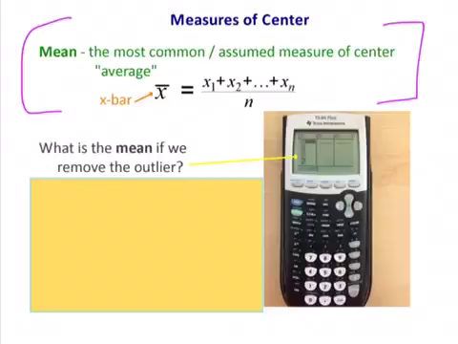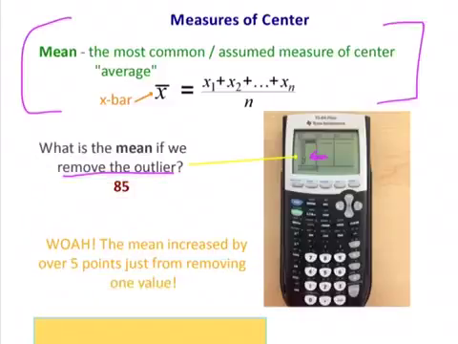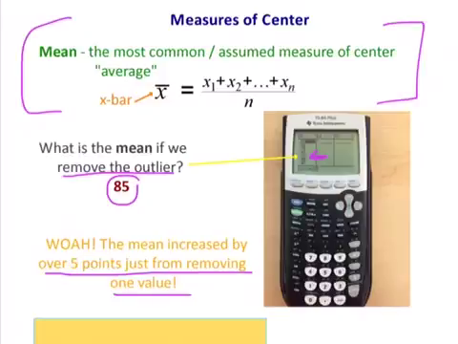But if we wanted to remove the outlier, there was that 34 in there, and if I wanted to take that value away and say, what would be the mean if I removed the outlier? So I deleted the 34 from one var stats, when I recalculated it, the average is 85. So just by removing one value, my mean increased by over 5 points. It jumped up to an 85 when I removed that value of 34.